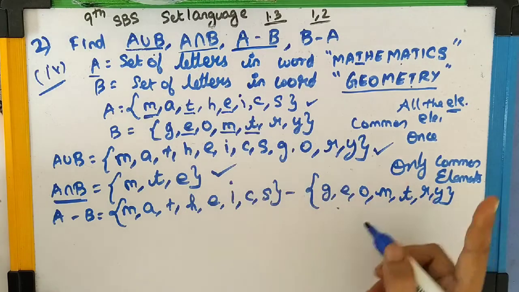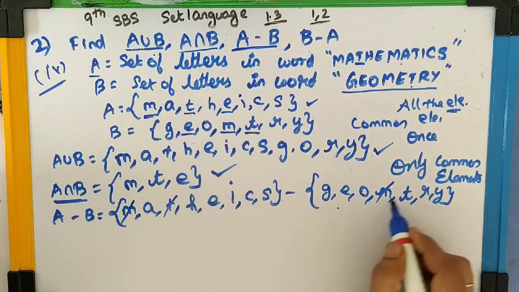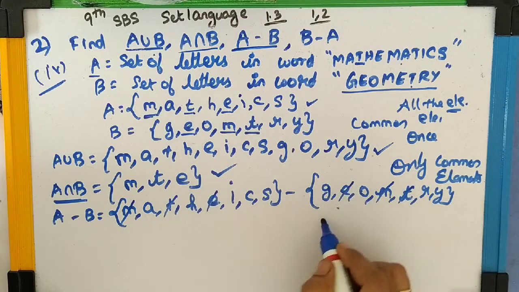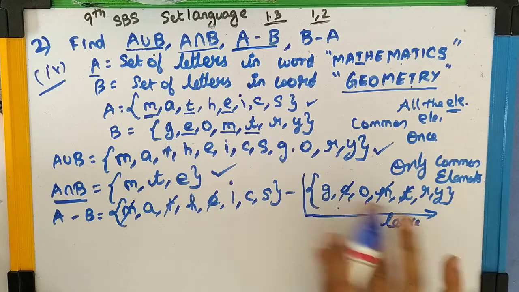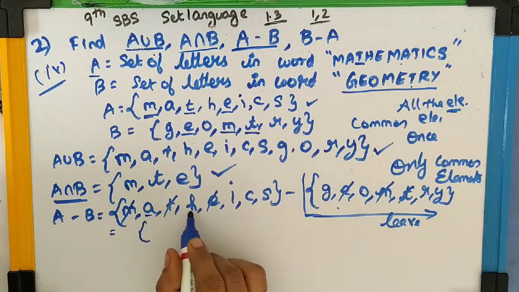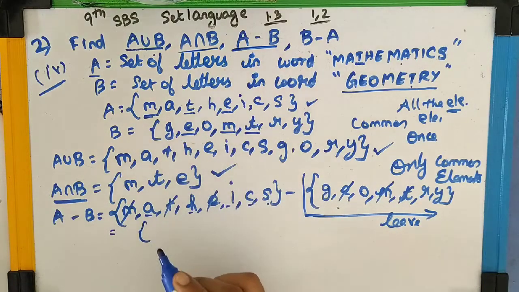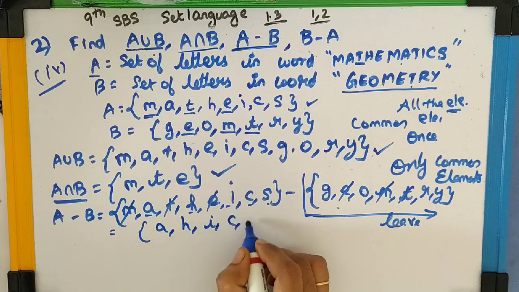Now what should we do to find the difference? Cancel the common elements. So I am cancelling M, T and E. Leave the second set completely and write the remaining first set. What are the remaining elements in the first set? A, H, I, C and S.